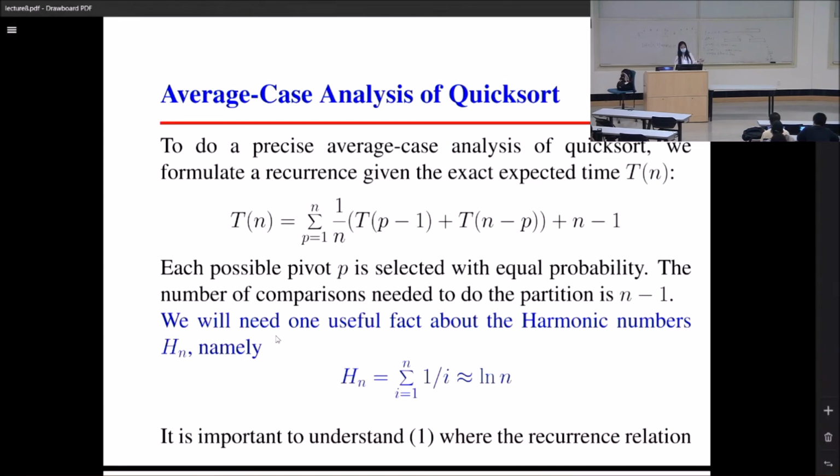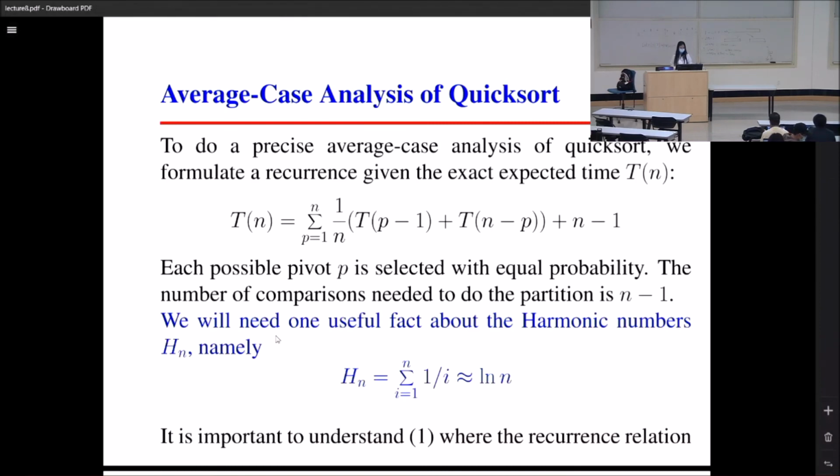And then we will also add the n minus 1 at the end to have the total. So this is the recurrence formula. And note that each possible pivot p is selected with equal probability, and the number of comparisons needed to do the partition is n minus 1.